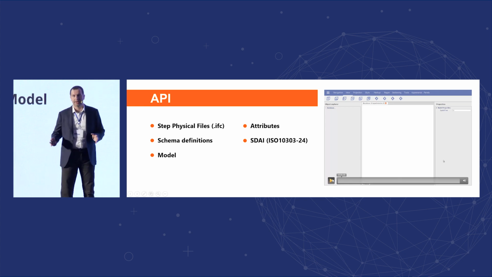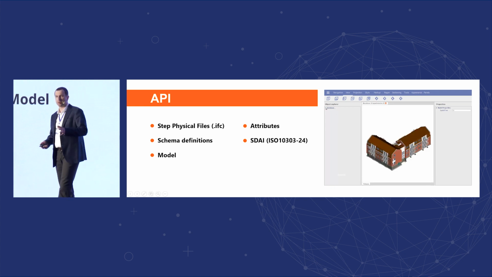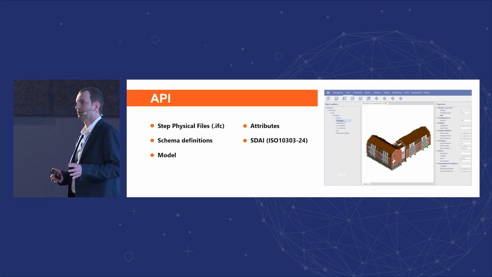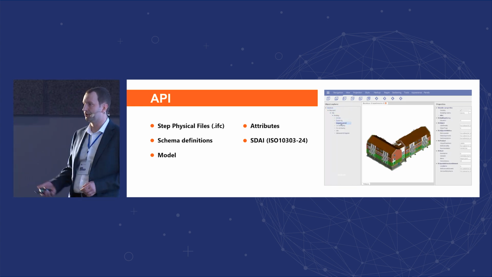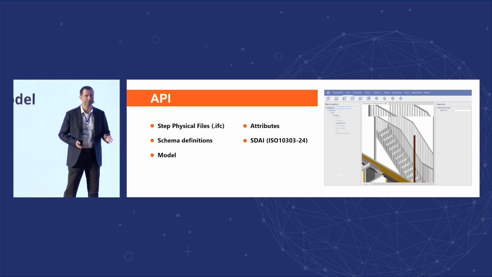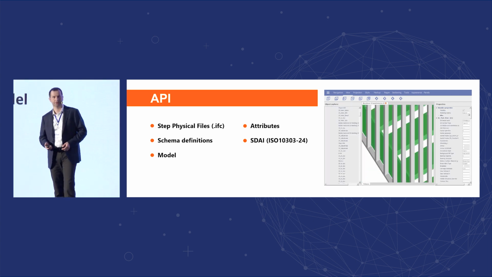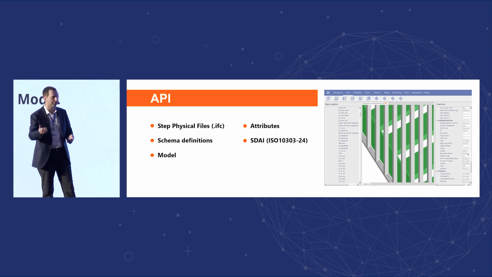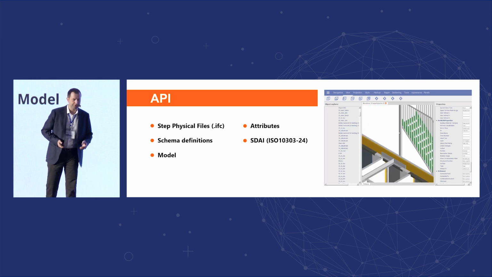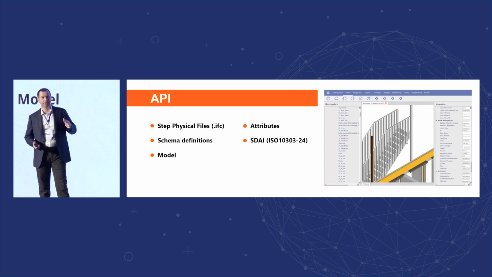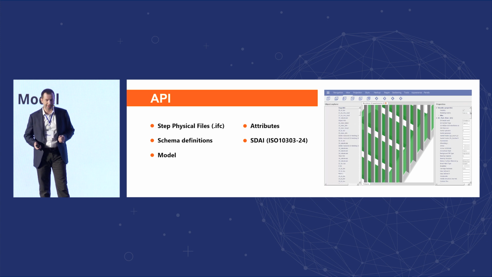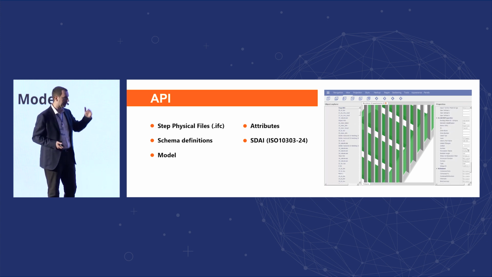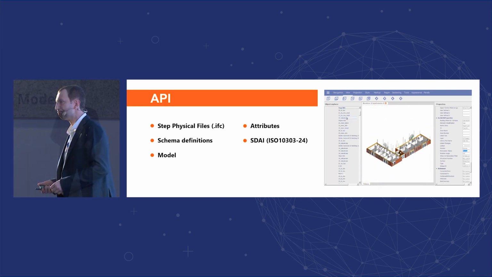Certainly, we provide an API for STEP physical files. It's used not only for IFC but also for STEP and IGES, and we are going to support those formats in the future as well. We provide an API to work with those files, but its basic point is just required to move forward. We implemented two levels of API, early binding API and late binding API, that provide access to properties, the model, and all other data.